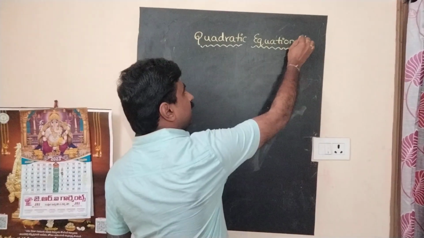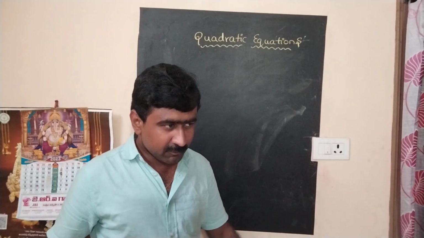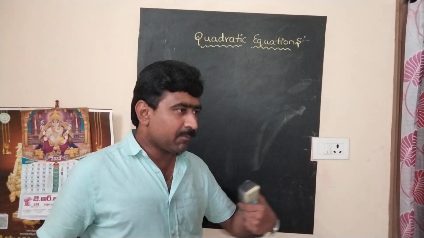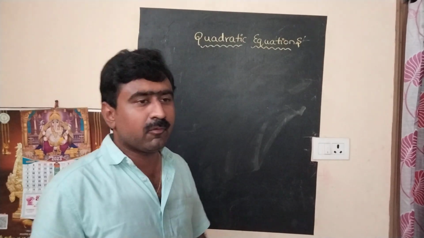The name of the topic we are going to discuss right now is quadratic equations. Before starting, first of all we need to know the meaning of a quadratic equation. The word quadratic is related to degree 2.